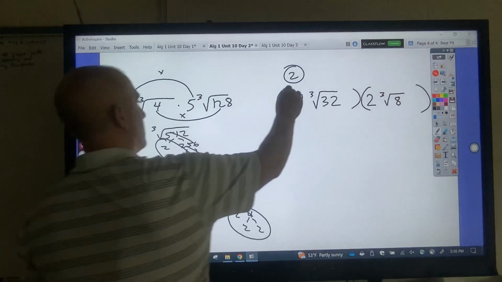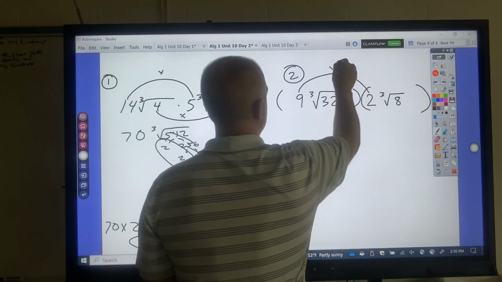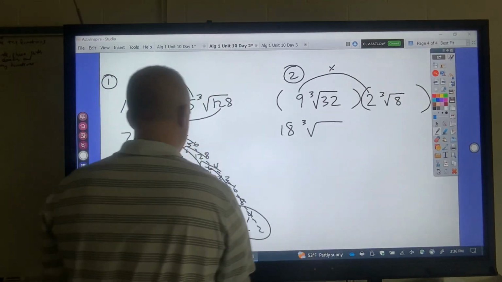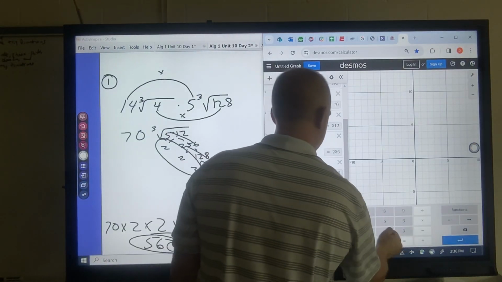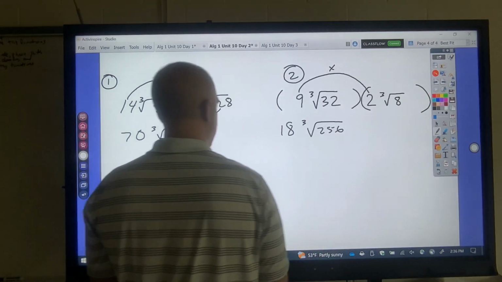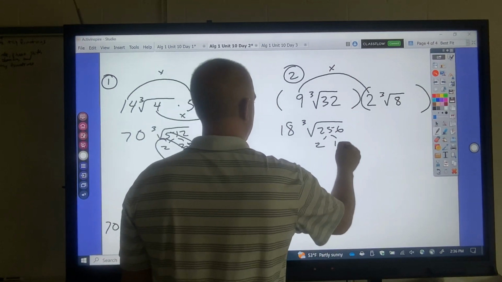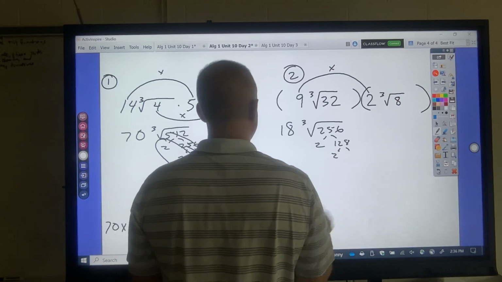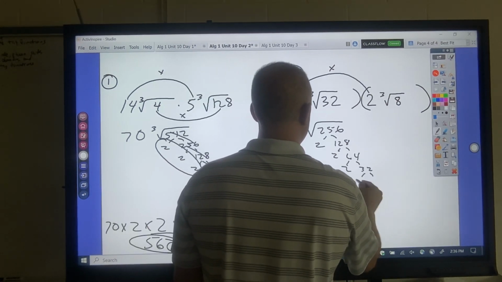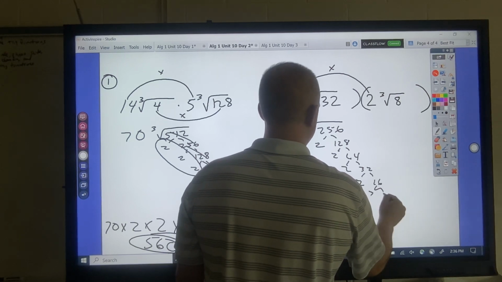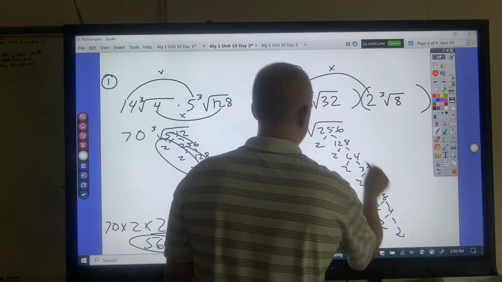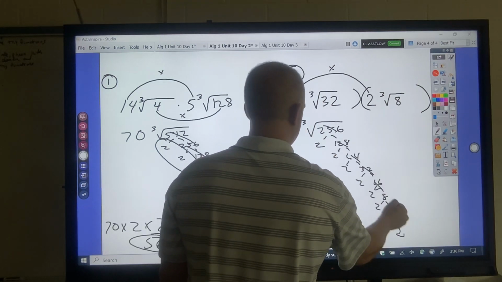Okay? So then we go 9 times 2, 18, cube root, 32 times 8, 256. Okay? All right, so that'd be 2 and 128, 2 and 64, 2 and 32, 2 and 16, 2 and 8, 2 and 4, 2 and 2. So all these go away.